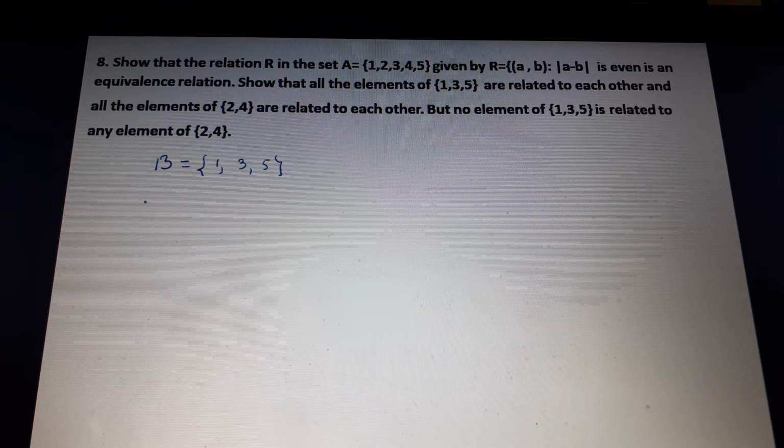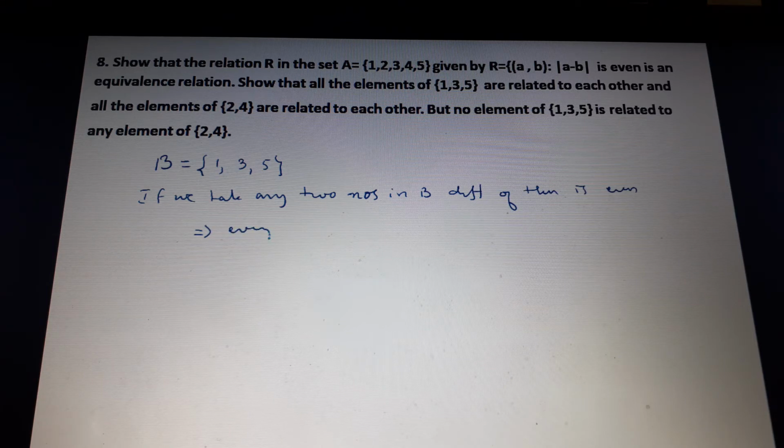So if we take any two numbers in B, the difference of them is even. Therefore this implies every element of B is related to every other element. When the difference is even, it means mod.